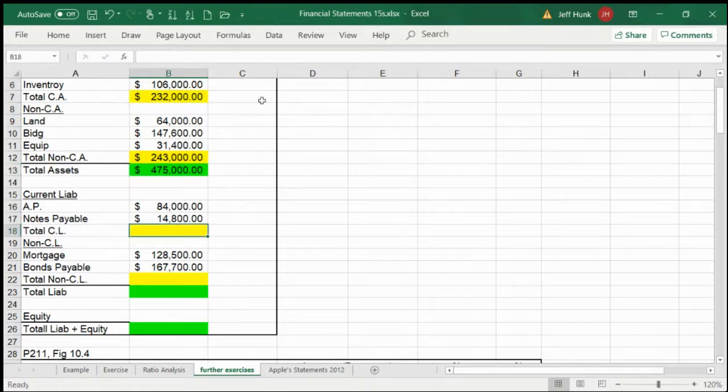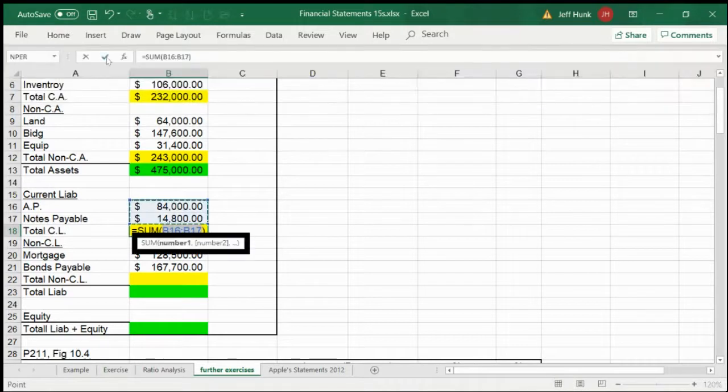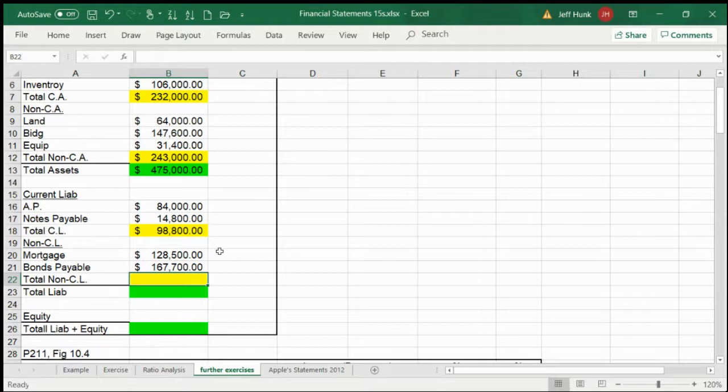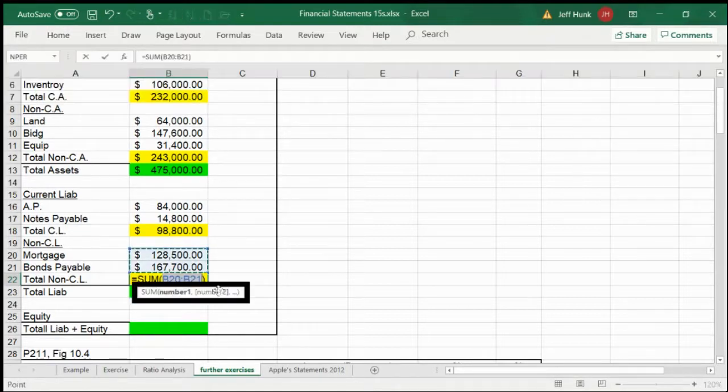And then again, and then also again, since they are a contiguous data range, you will just auto sum.